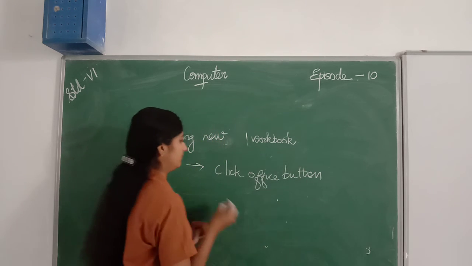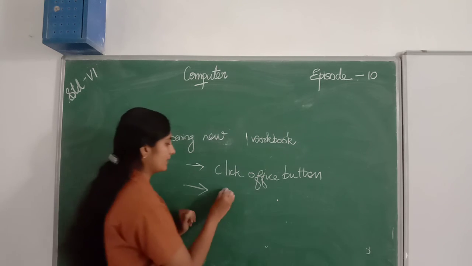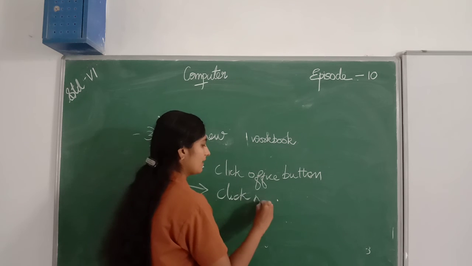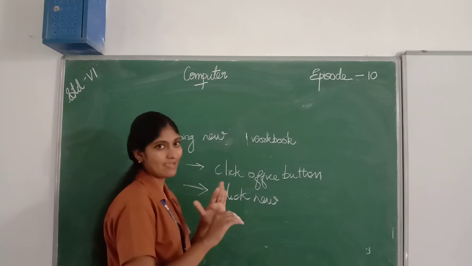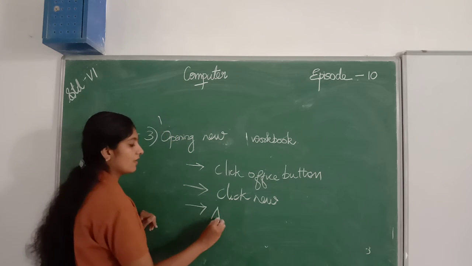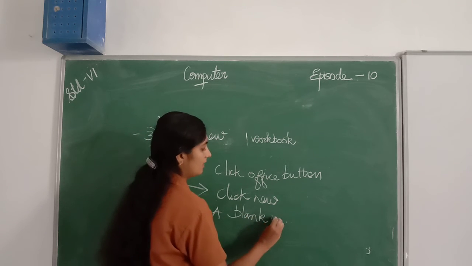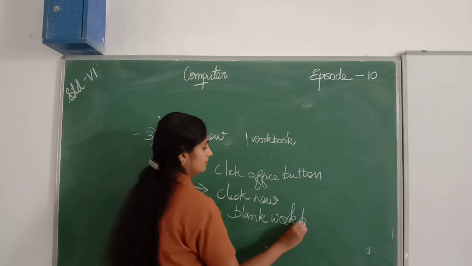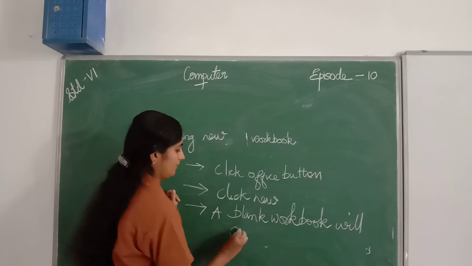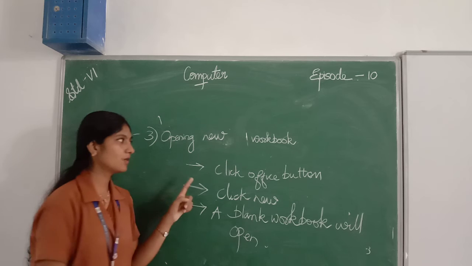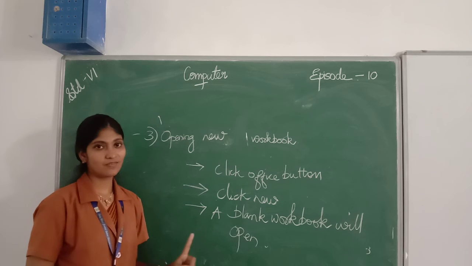Then second step, there is an option named New. Click New. Then a blank workbook will display on your computer. So first you click Office button, then click New, then a blank workbook will open.